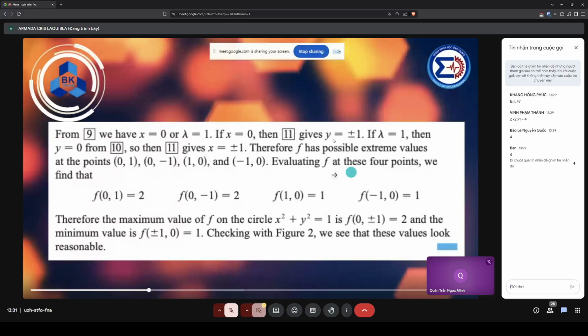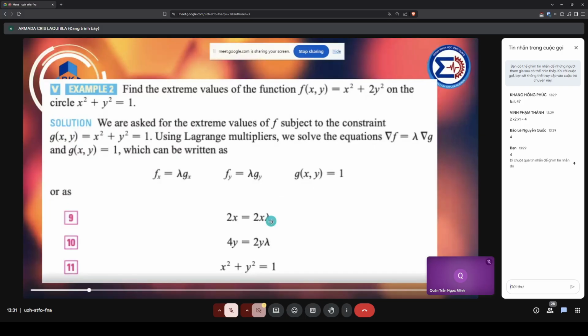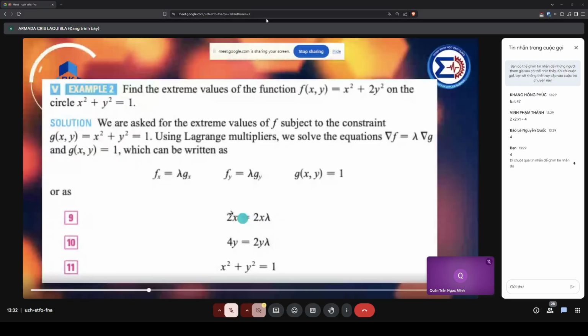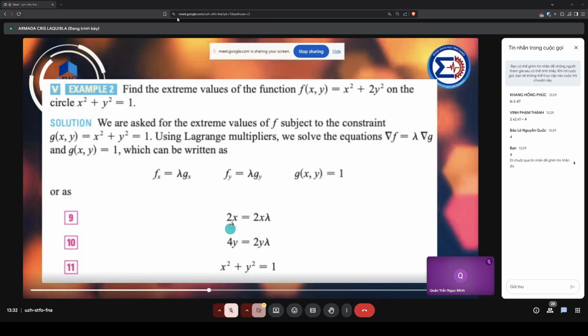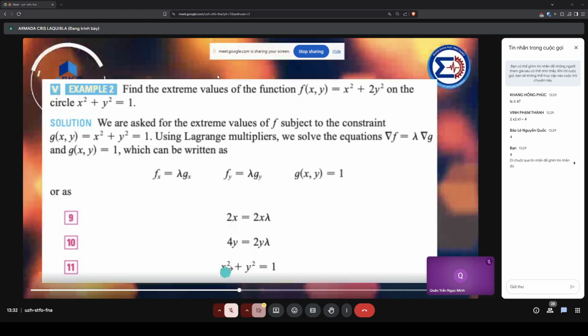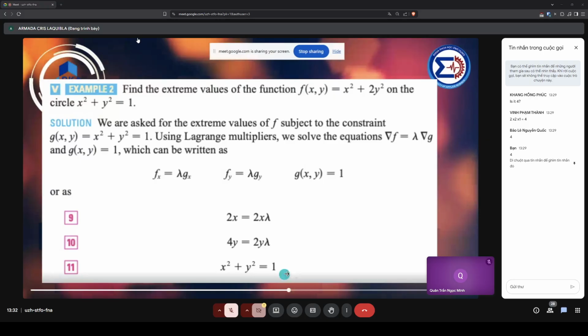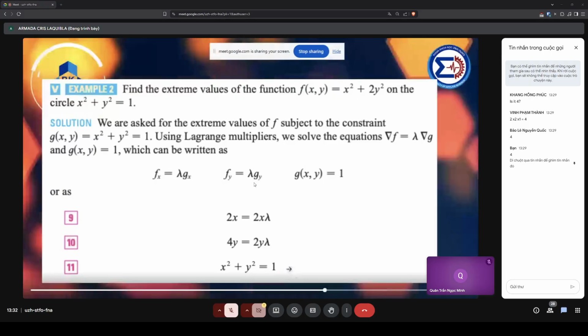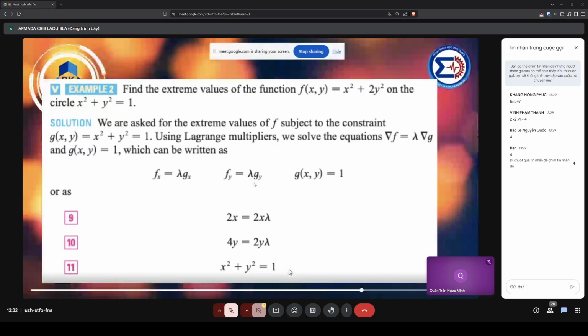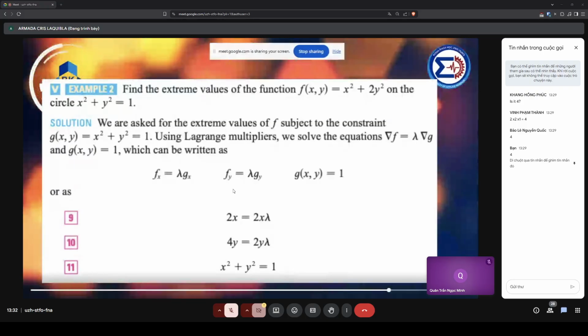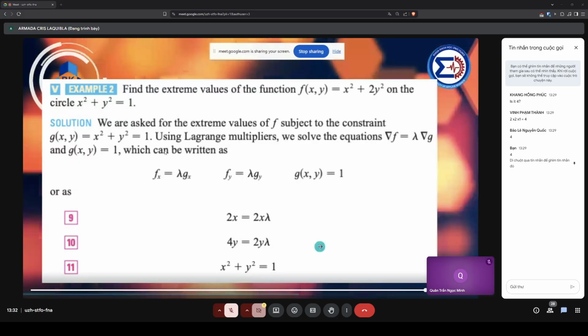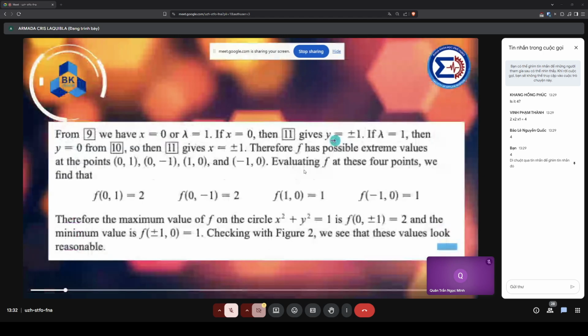So if your x is 0 here in equation 9, this will be true, right? This is 0 is equal to 0. Now you substitute that in your 11. If your x is 0, so that is 0 squared, or 0, plus y squared is equal to 1. We have there y squared is equal to 1. So what to do? Take the square root of both sides. So your y has two answers, positive and negative 1. So we have here y is equal to positive and negative 1.